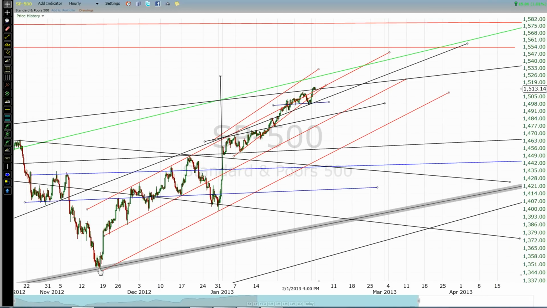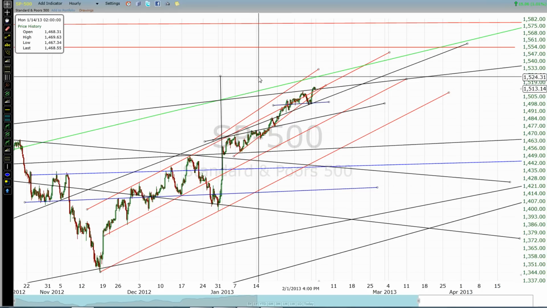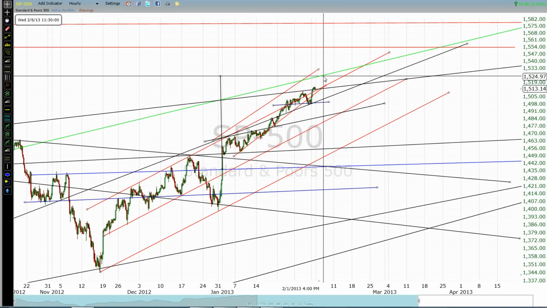Instead of measuring it from the exact bottom where we've seen an intraday low, I've measured it from the very bottoms that we've had here, not the intraday lows. That takes off 5 points or so. I'd rather do that and have a lesser target in mind instead of expecting that we'll get up to 1530, when really we're probably looking at a tag on this green line up here if we can continue up.